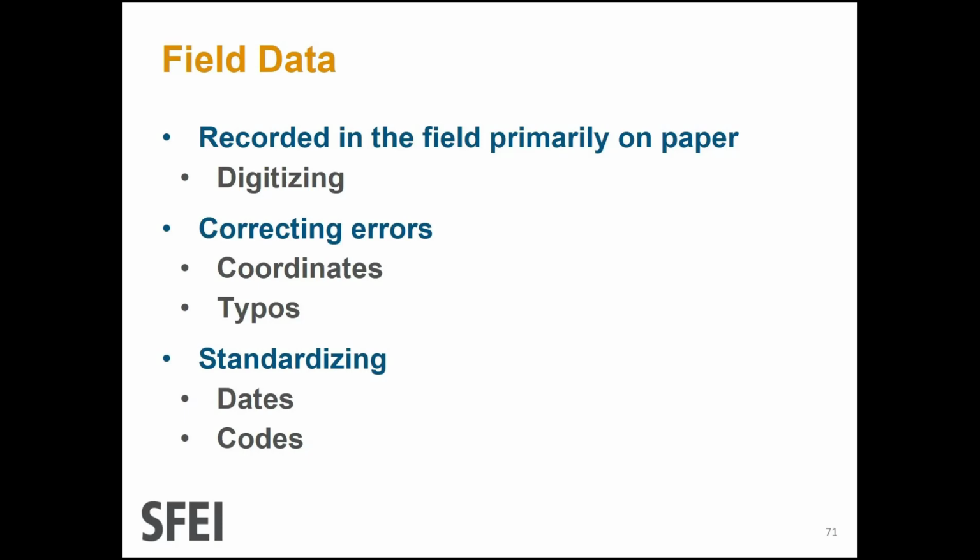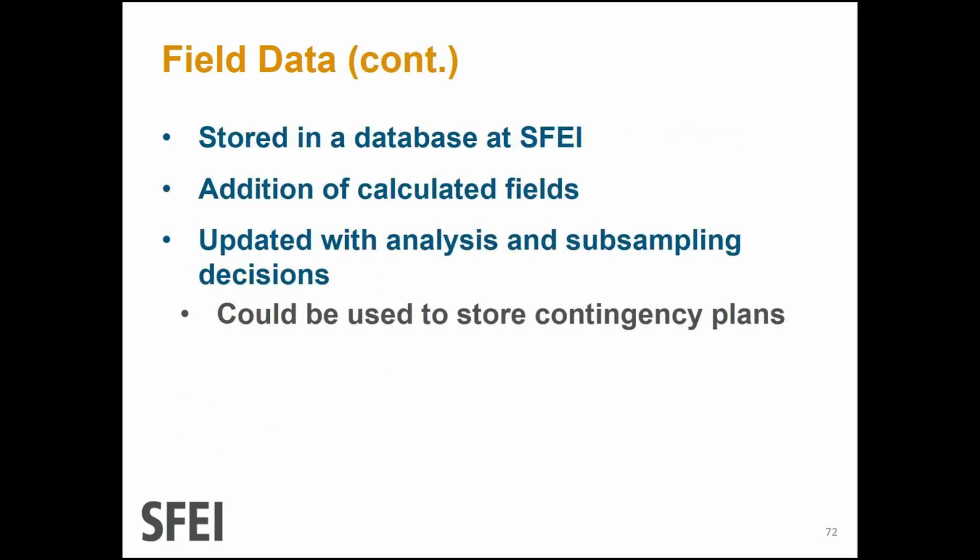And then there are some standardizing issues where you have dates and different codes that represent pieces of collection information that may not have all come in exactly the same format, and that's again part of the situation when you have so many different matrices and so many different field crews. Eventually we get everything standardized and stored in a database at SFEI.